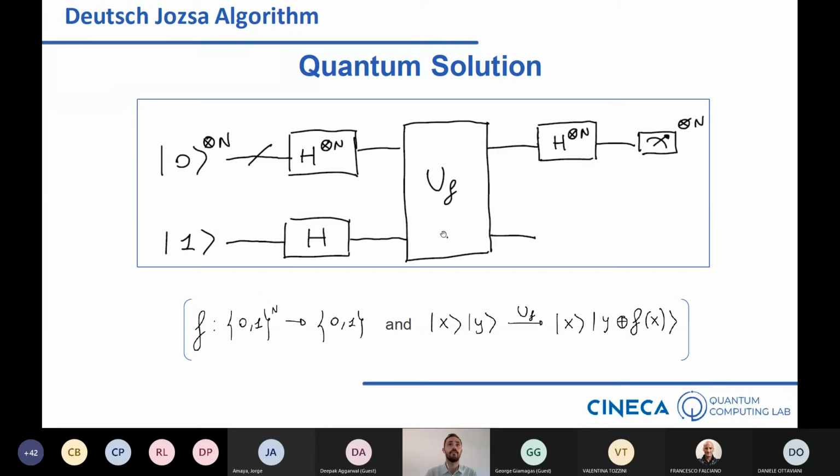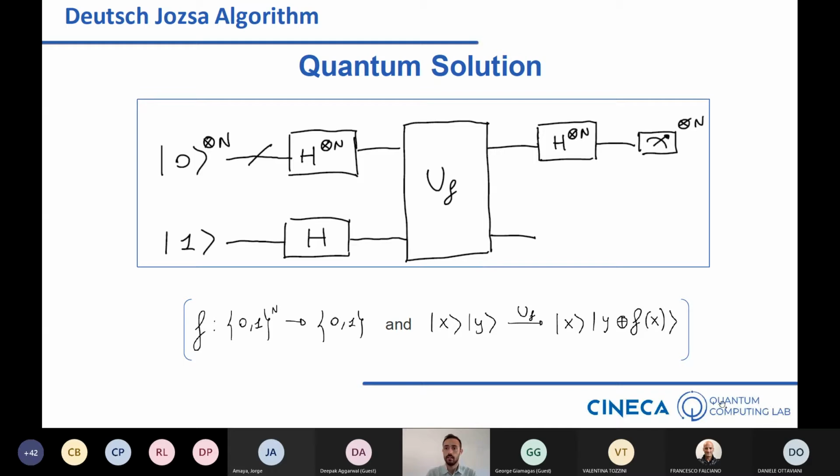The U of f is the function that evaluates the f that we want to understand if it is constant or balanced. U of f is defined this way, like we've seen before. Basically it takes in input all the qubit state associated with these n qubits and outputs its result, where x in this case is an n qubit register, and y is this one.